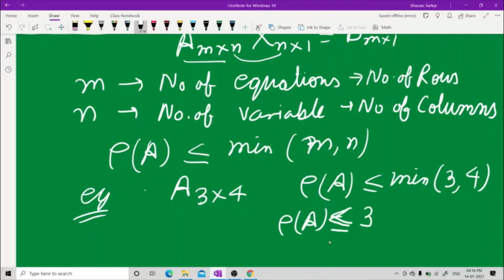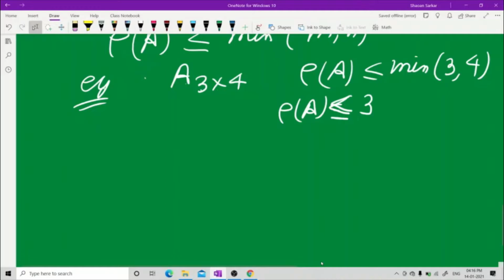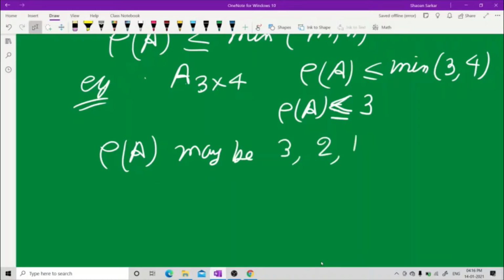That means I can say that the rank of A may be 3, 2, 1 or 0. 0 will be only in one possible case, when A is a null matrix.